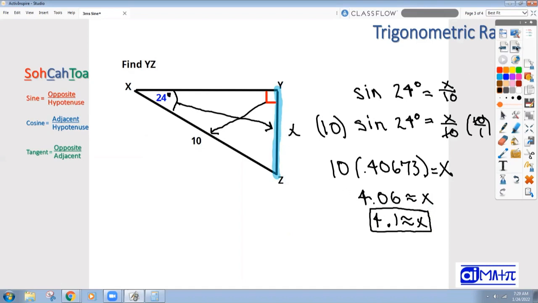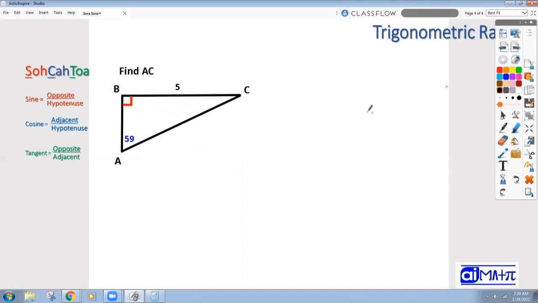We're going to look at an example of sine when you're looking for the hypotenuse. Here you're asked to find AC. That would be this length. That means your unknown is here. So what do we know? We have this 59 degrees here, and we have this length, which is BC, and that is across from the 59 degrees.